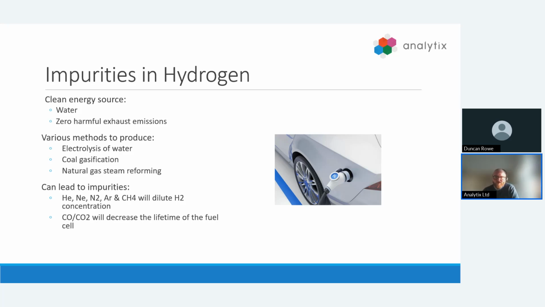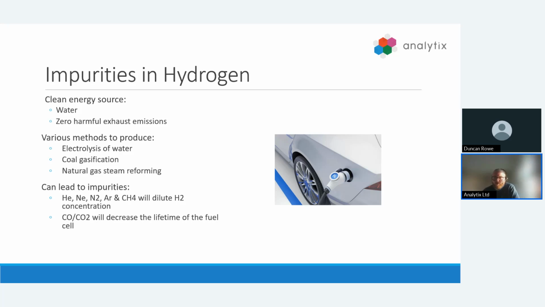And these different methods of producing hydrogen may introduce impurities into the hydrogen product. When hydrogen is used as a fuel cell, those impurities may damage the cell. So impurities like helium, neon, nitrogen, argon, or methane will dilute your hydrogen concentration, making it a less efficient fuel product.